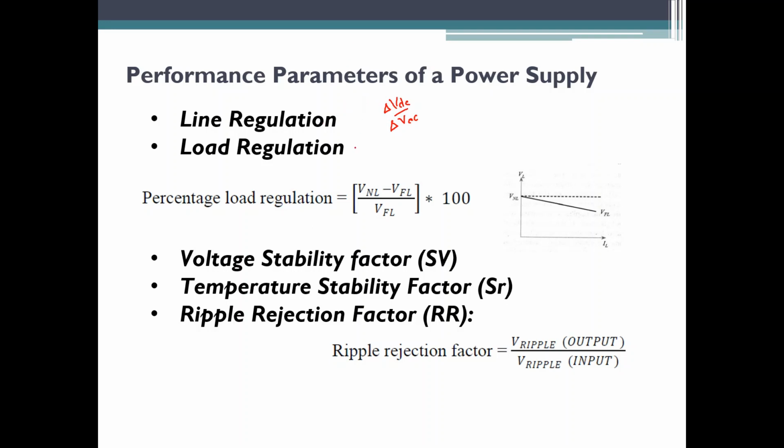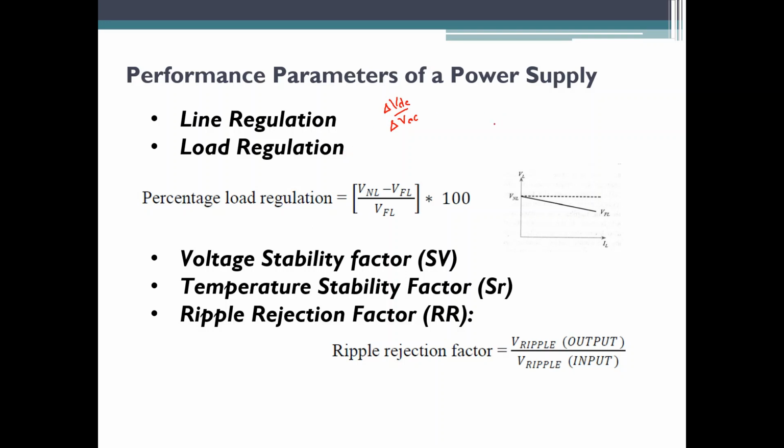Coming to the next parameter, which is load regulation. This load regulation is defined as the change in the regulated output voltage when the load current is changed from no load to full load. So load regulation means you are checking the change in the output voltage.